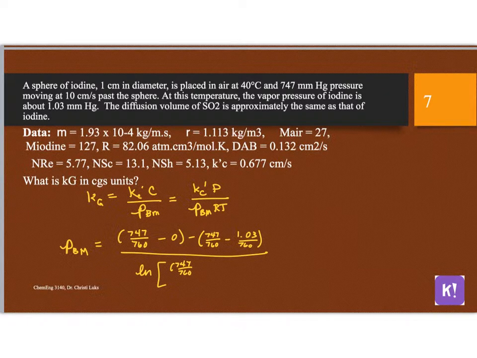Now I have worked this using units of atmospheres.